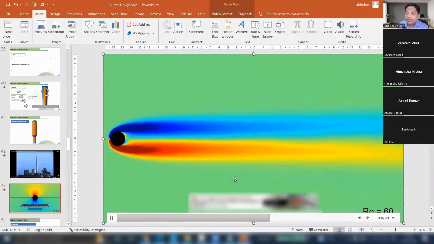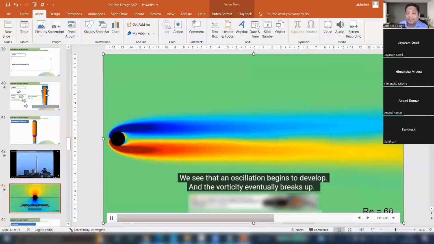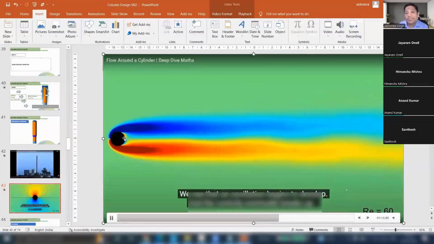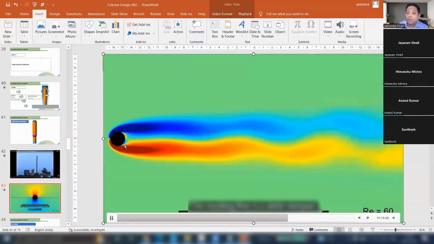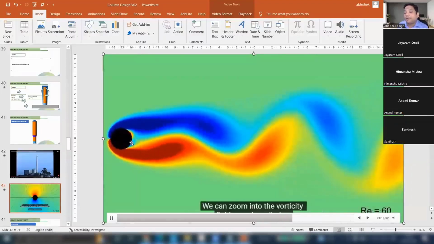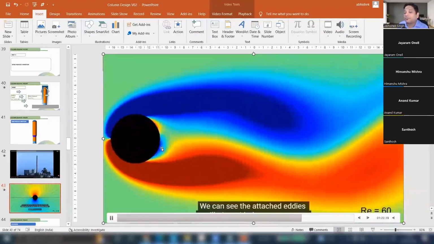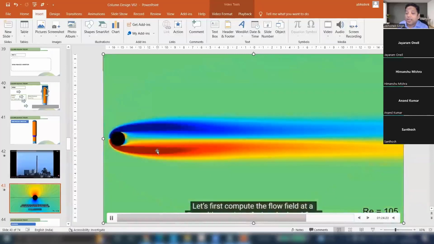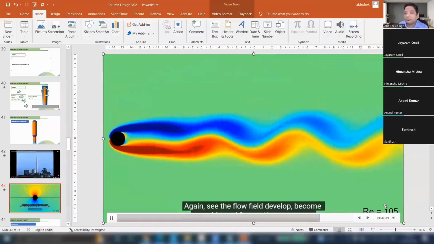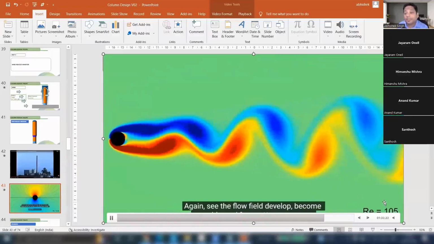So now see the Reynold number is at 60. Till that it was okay. There was no wind-induced vibration. Once we go ahead, see now there are fluctuating vortices which are created, and because of these eddy currents, they are now separated at Reynold number 60.